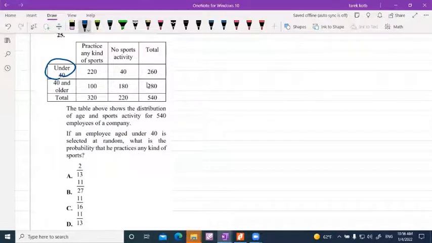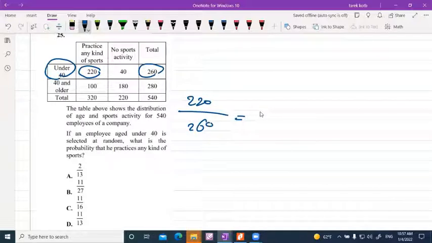Practiced any kind of sports, that means yes, this one, 220 over the total, which is this one, 260. That gives me 11 over 13. 11 over 13, number D.